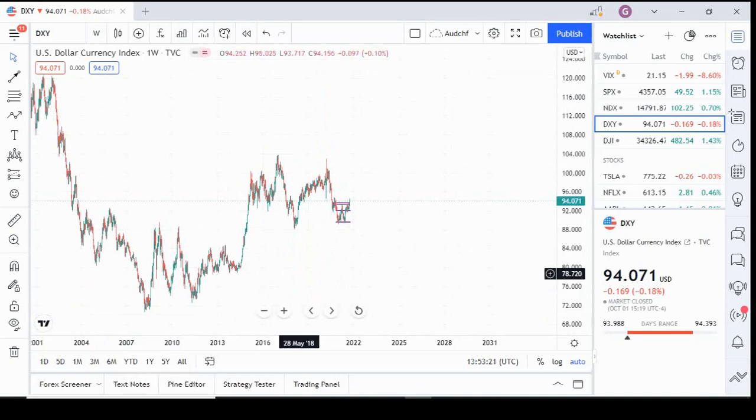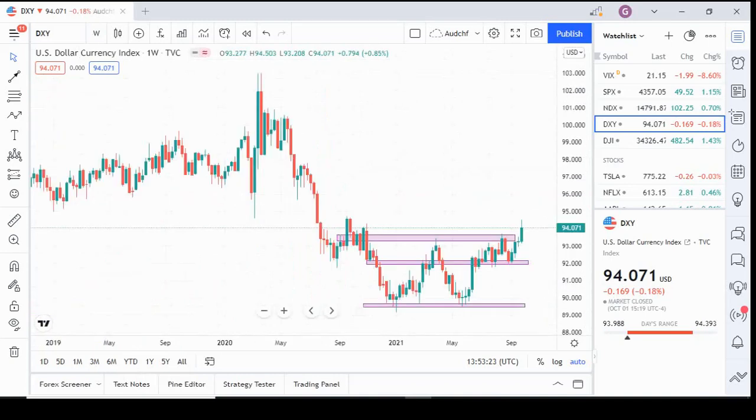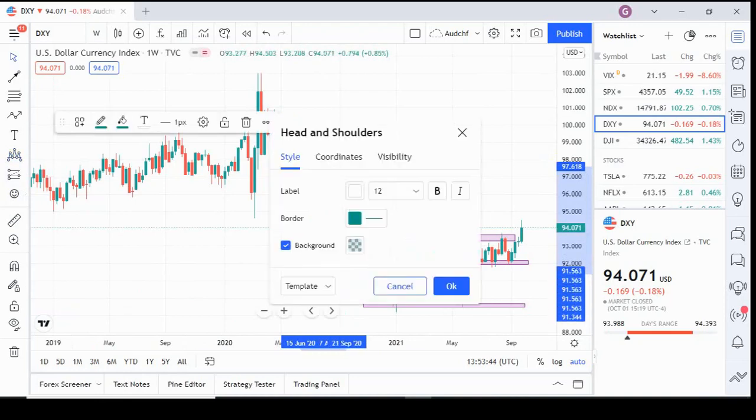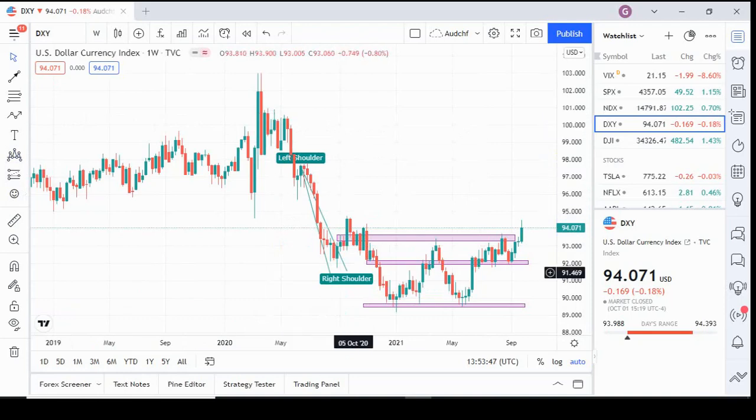Now, what I'm seeing here, guys, before we can draw our support and resistance, the supply and demand, it's actually a very nice inverse type of structure. Oh no, sorry. Let me remove this real quick.